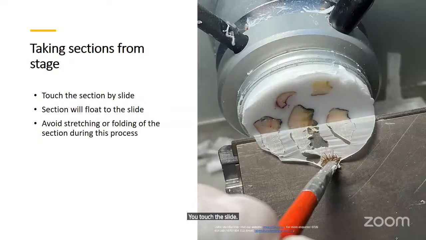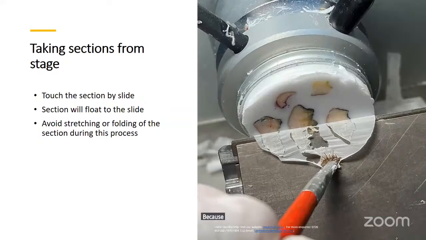You remember this is just like water. The gel has frozen. So when you touch the slide, the gel or the embedding medium is able to melt off, and then you remain with the tissue alone on the slide.